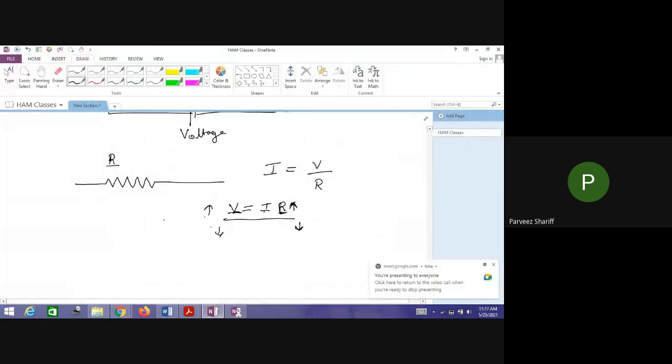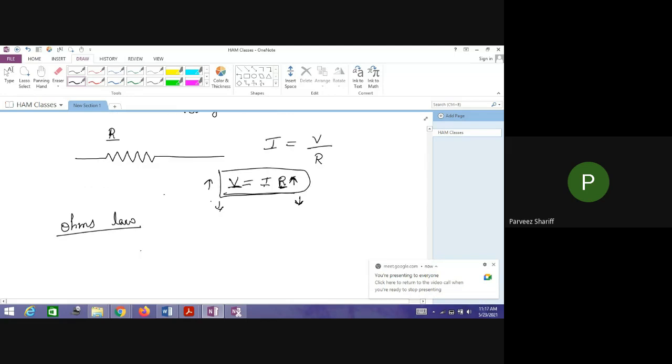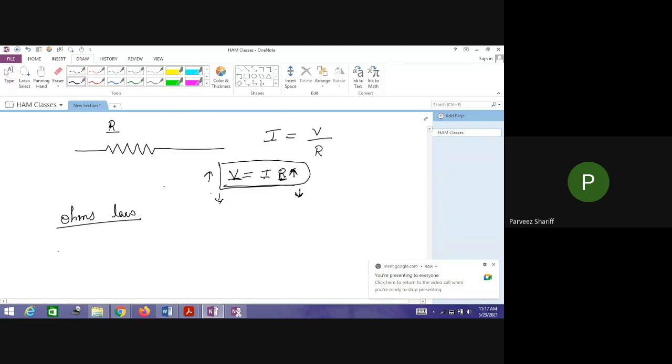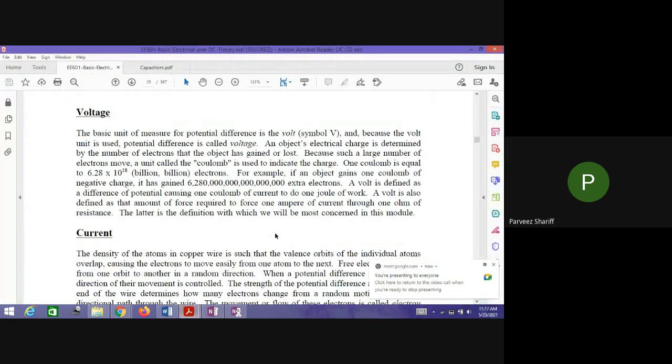So this relation, whatever we have written here, is called Ohm's law. The resistance is always measured in ohms, and it is represented like this. This is the ohm representation. Now let us look into the relation here.